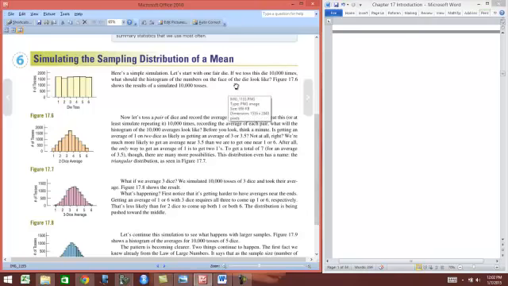So what does the distribution look like if you throw one die and you write down whatever number you get? Well, it's going to be uniform, no matter how many times you roll it, because your sample size is only 1. Now, if you do 2 dice, you're going to get a symmetric, kind of bell-shaped distribution. Actually, it's triangular shaped.